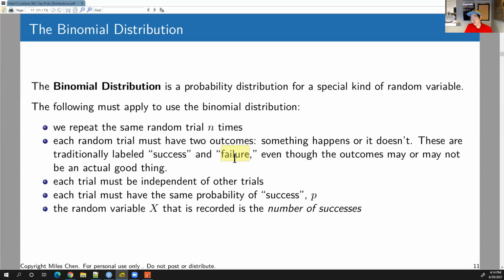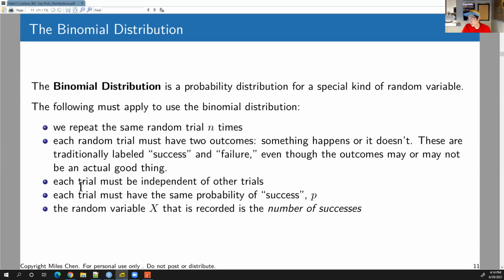But the outcome may not necessarily be a good thing or a bad thing. We could say either the part broke or it didn't break, and the thing that happened we often label the quote success, but that's not exactly something that we want to happen.